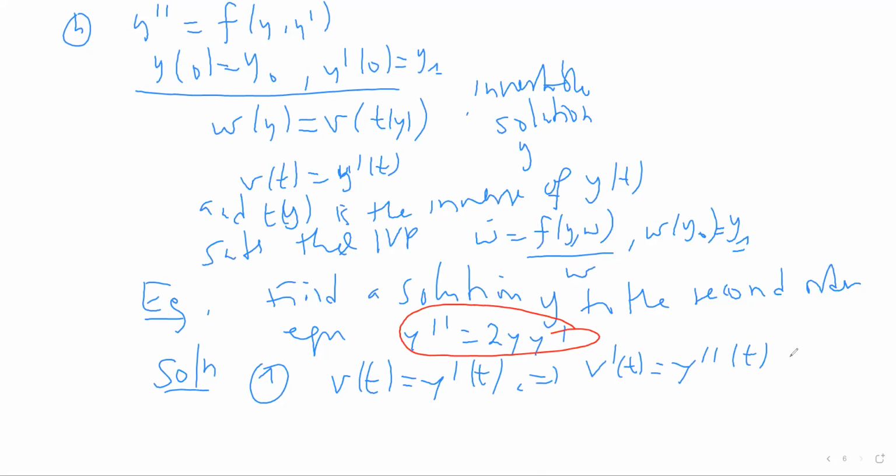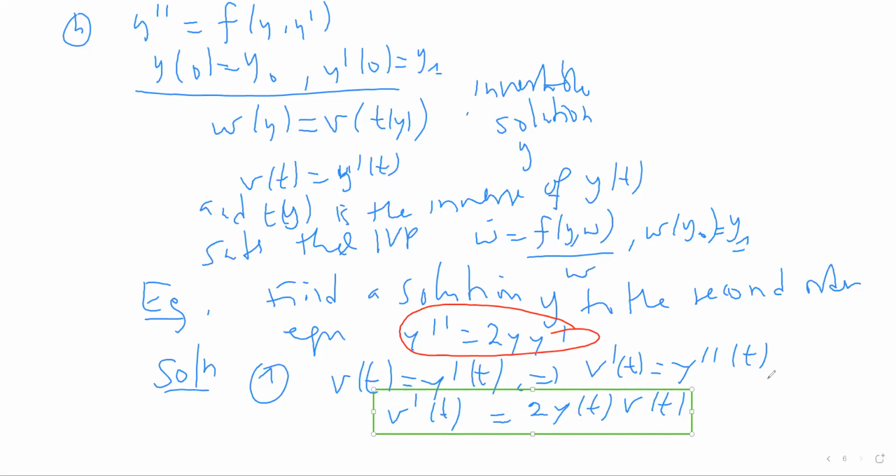Okay, then we can write it out as v'(t) is nothing but 2y(t), and then I don't use y' again, but I use now v(t). Okay. So this is just after making your substitutions. Then it means that we look for an invertible solution first.